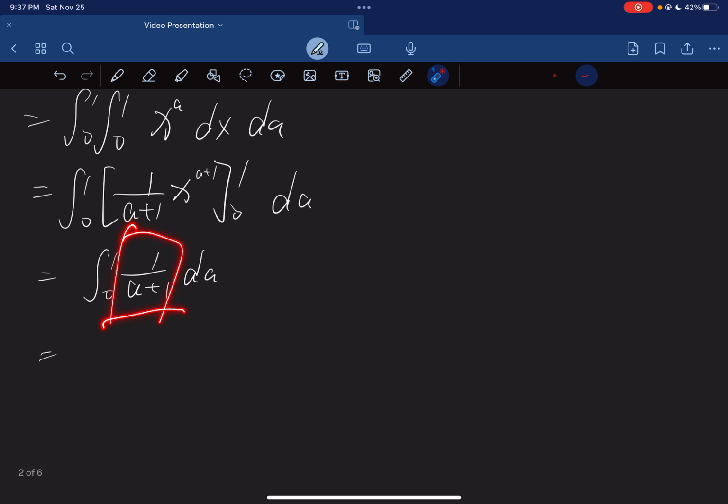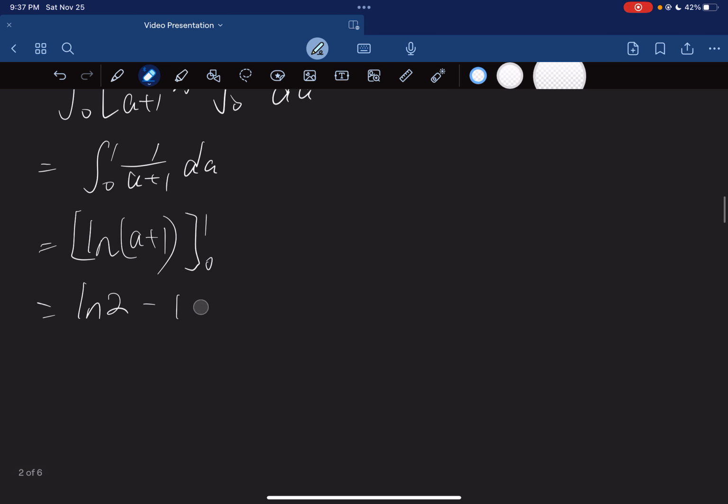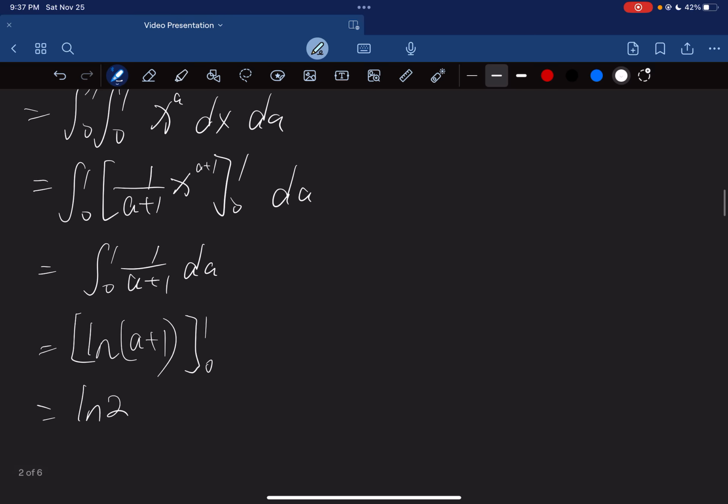So we find 1 over a plus 1. Lastly, ln of a plus 1 from 0 to 1 is ln 2 minus ln 1. Ln 1 is 0, so the final answer is ln 2.